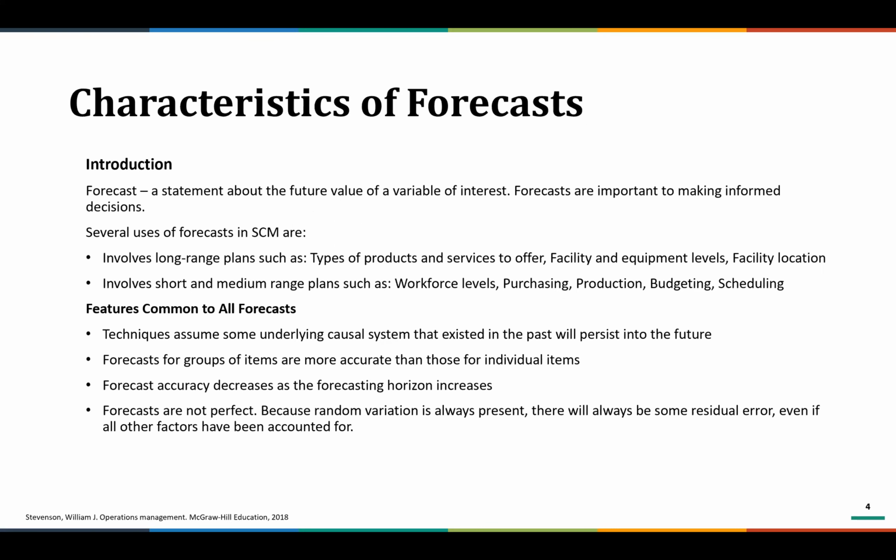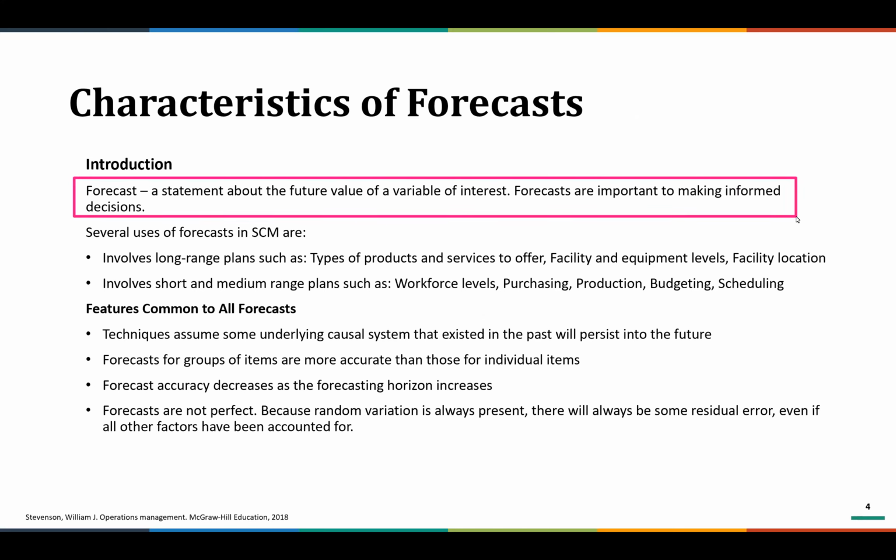So formally, we can say that a forecast is a statement about the future value of something that we are interested in. Forecasts are important because they are used to make informed decisions.